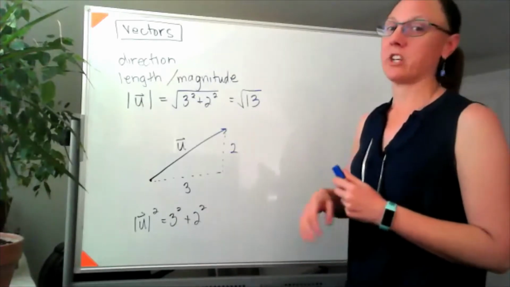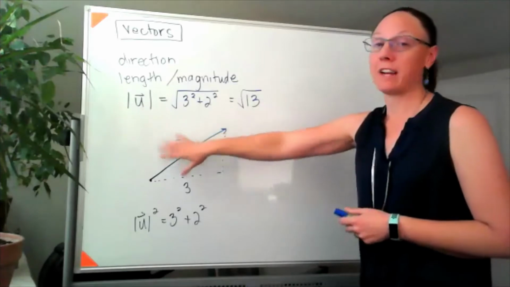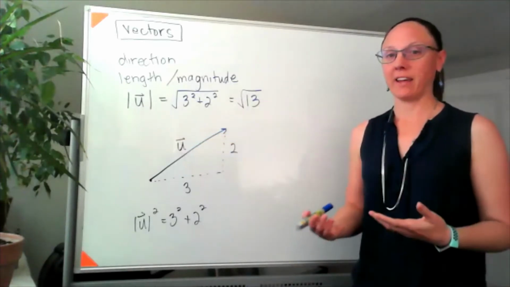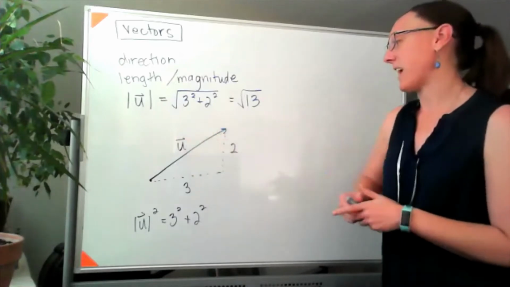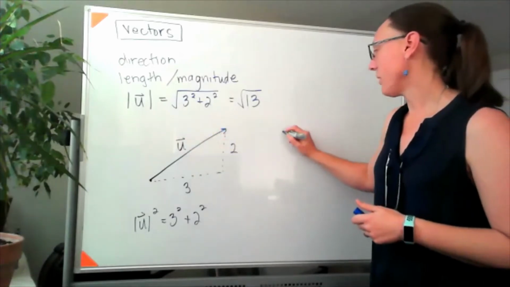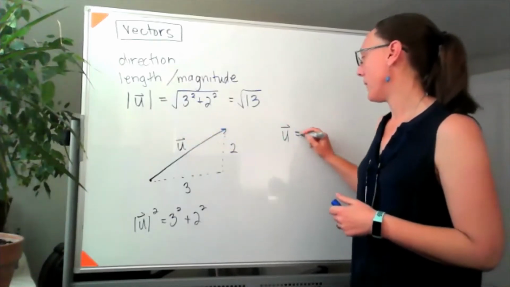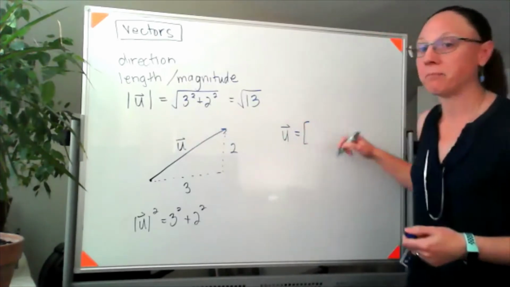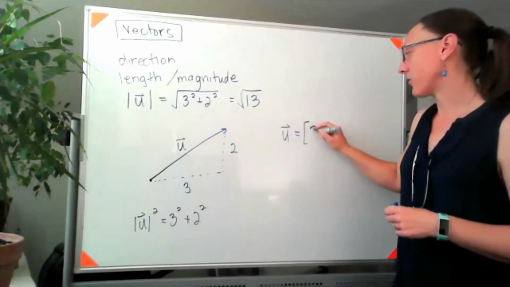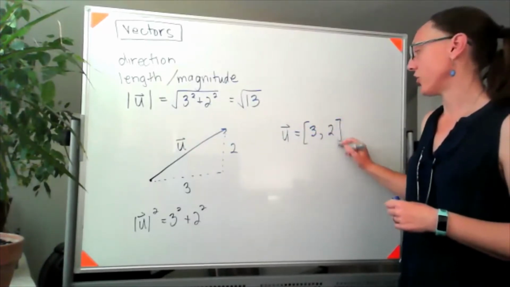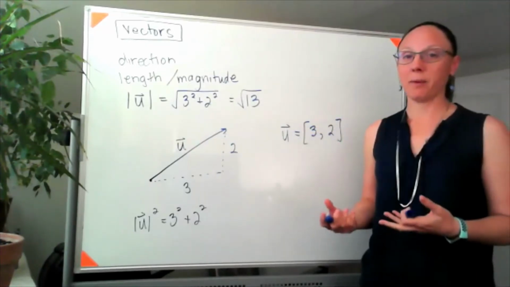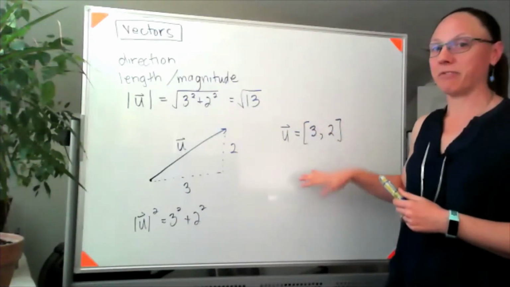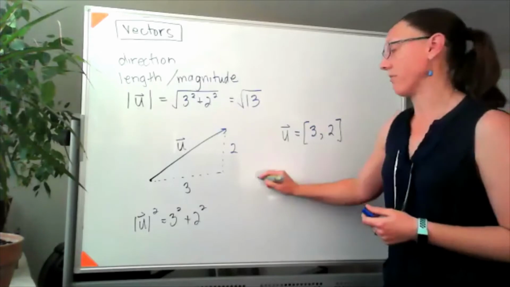One of the ways that we talk about the direction of a vector is to give the vector a unit length, meaning to take this same vector, which I'm going to write using the textbook notation, the square brackets. So I'm going to take this vector [3, 2], and if I wanted to talk about its direction, then I take that same vector but divide by its length, and we also call this a unit vector.